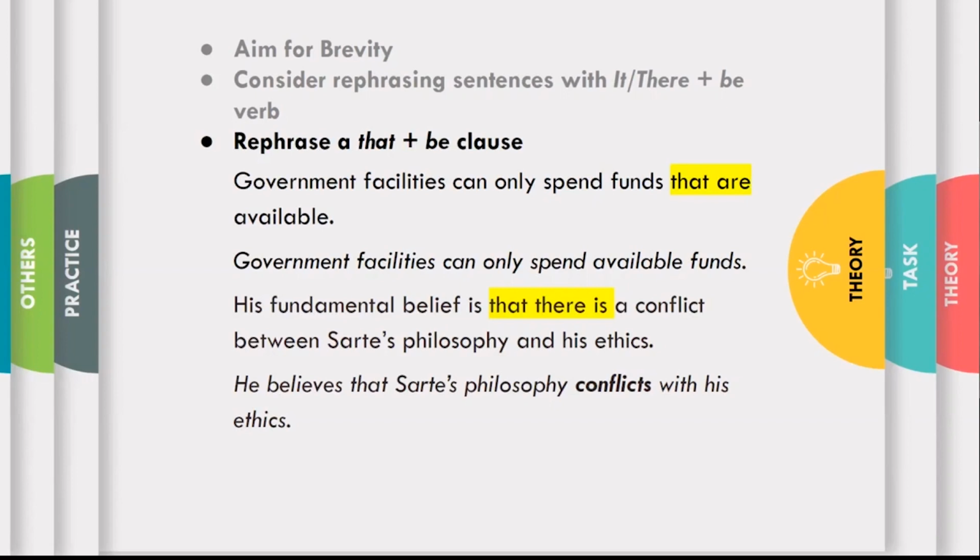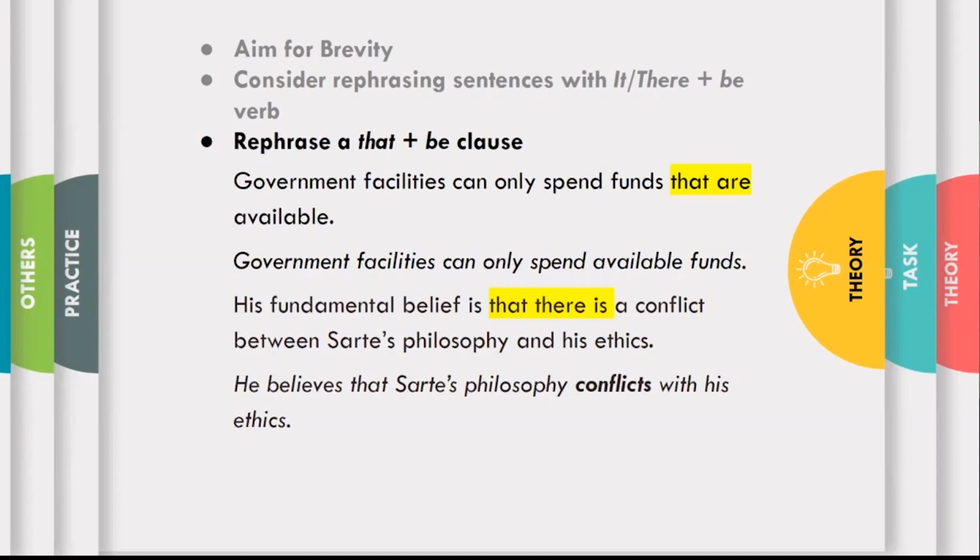Another example, would someone else like to read it out loud? This is in both academic and general writing. It's just attempting brevity so that when we construct longer paragraphs, we do not lose cohesion. Jeff, you want to read? Yeah, his fundamental belief is that there is a conflict between Sartre's philosophy and his ethics.